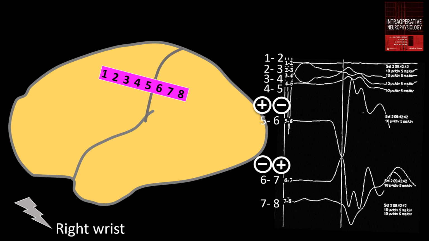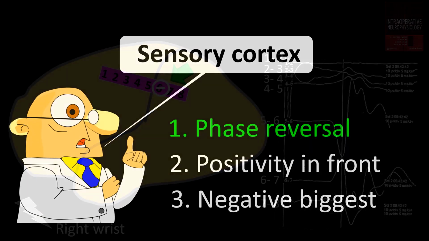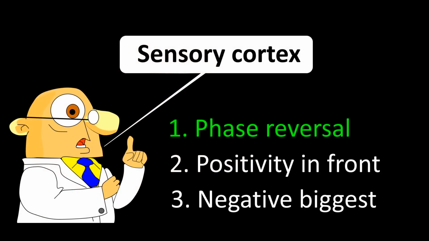Notice that waves in 5 to 6 derivation and 6 to 7 derivation have a negativity on electrode 6, and that the location of electrode 6 is behind what we thought was the central sulcus. So, at least for now, we consider that area of the cortex where the phase reversal took place to be the sensory cortex.